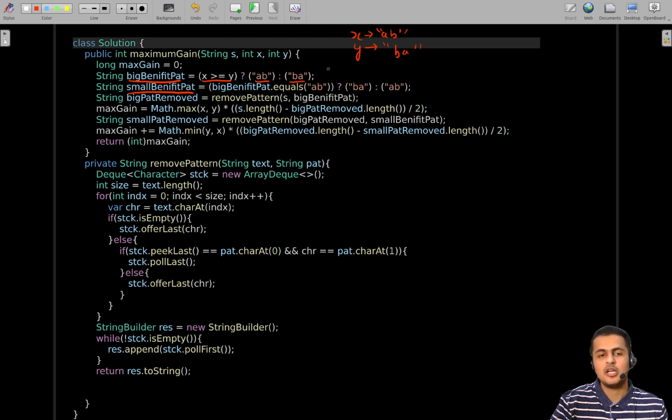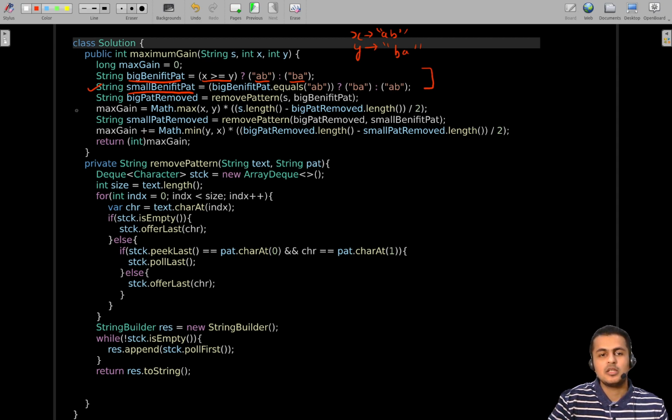Depending upon which pattern gives more profit in terms of points, the smaller benefit pattern will be decided. So if pattern "ab" was giving more profit, then we know for sure that "ba" will give smaller profit. I think we are done with these two lines.